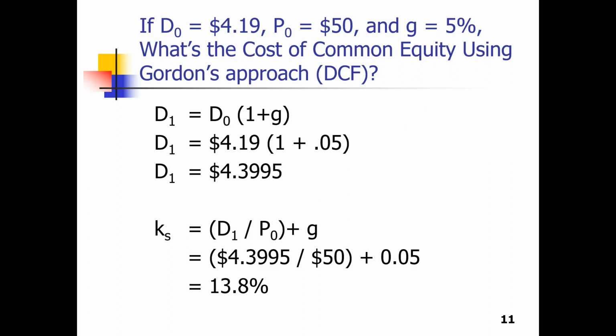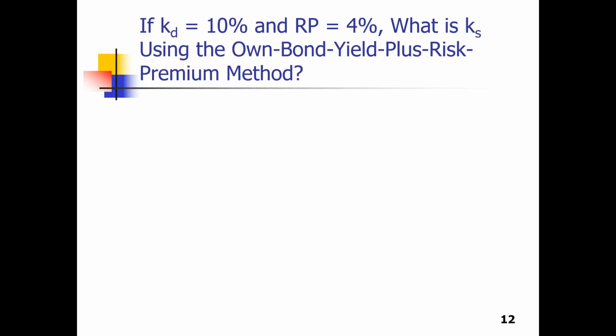Notice that Gordon gave me a different answer from CAPM. CAPM gave me 14.2, Gordon gave me 13.8. I don't stress too much, this is normal. But if CAPM gives me 14 and Gordon gives me 8, then I look for my errors. Same as you do with calculations.